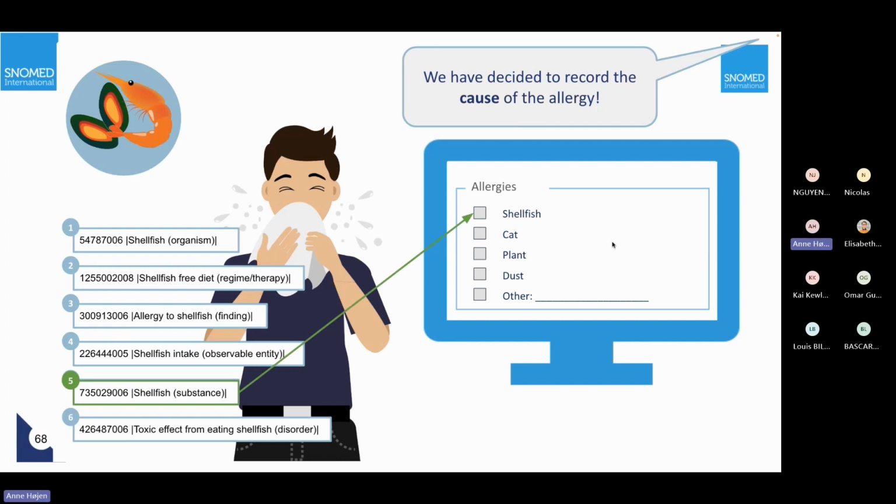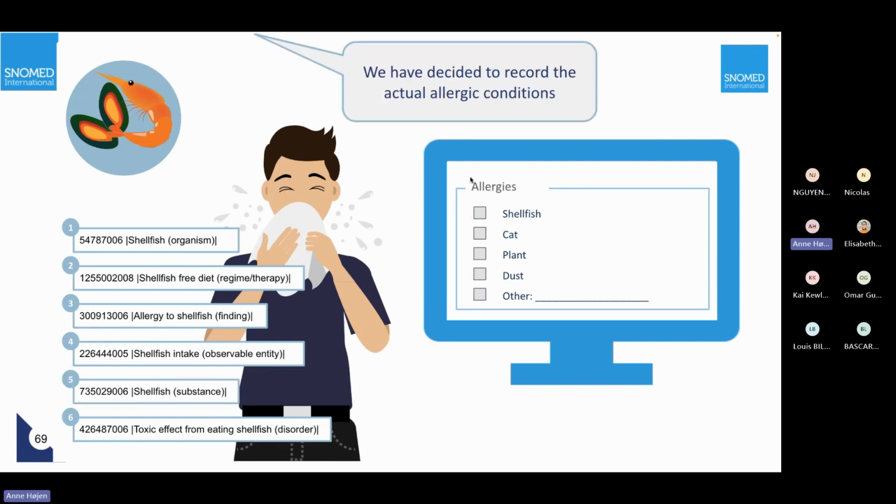So here, shellfish, the substance. So it's not allergy to shellfish that we would select, even though he has the condition of being allergic to shellfish. We here document the cause of this allergy because we have the context explicitly stated that this is an allergy and this is the causative agent.